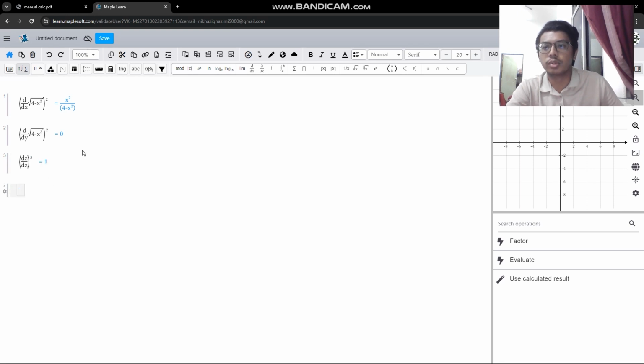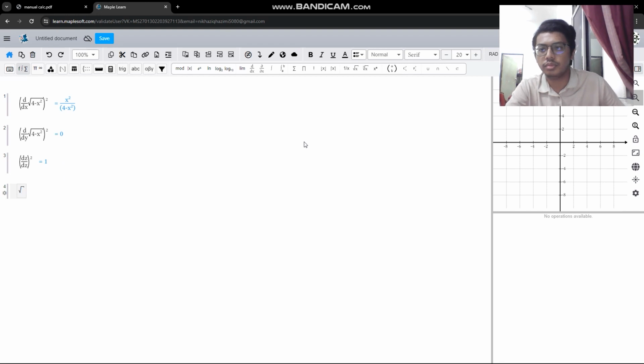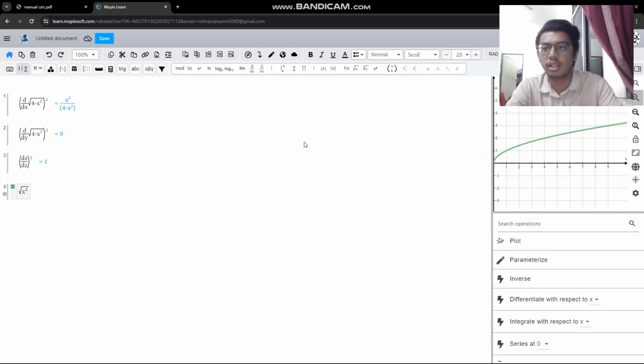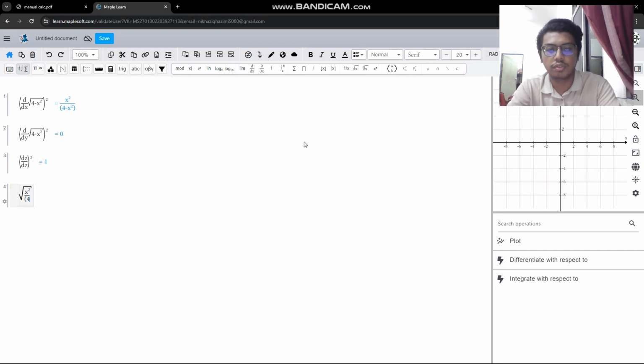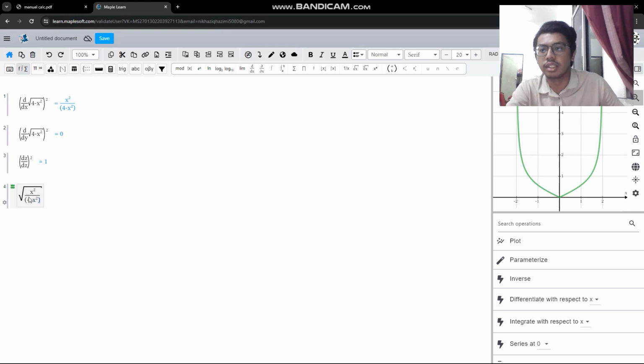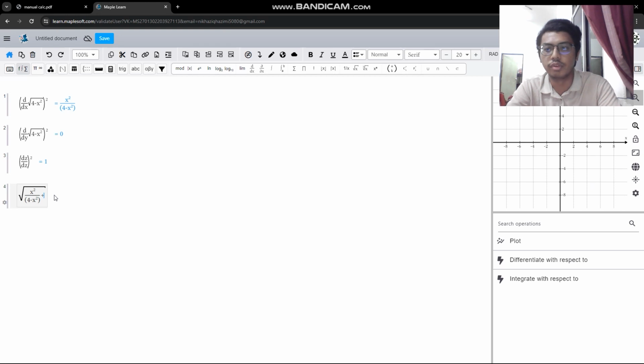Next, we're going to insert all this information into the equation down below. So first we put square root of x squared over 4 minus x squared, which is dz over dx squared, plus 0, plus 1.